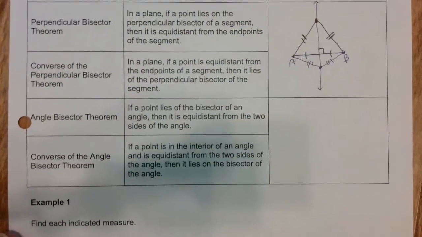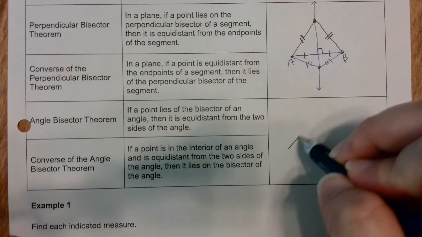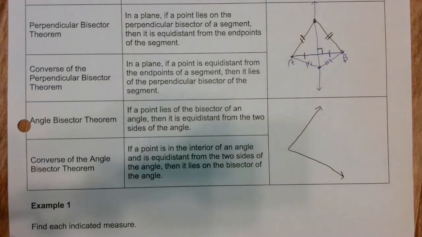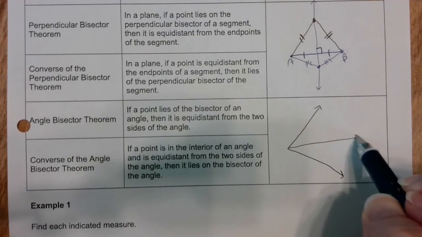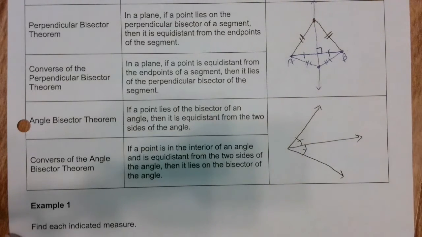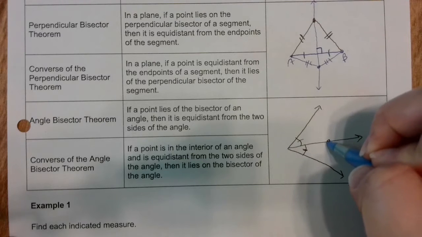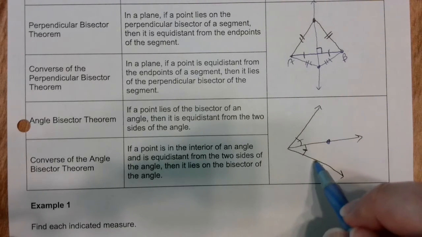The angle bisector theorem is a similar idea, but it's dealing with angle bisectors. If you have an angle and you have the bisector of the angle, and we know it's a bisector because the 2 parts of the angle are congruent, then what the angle bisector theorem says is that every point on the angle bisector is equidistant to the sides.